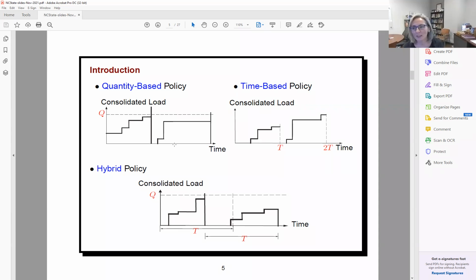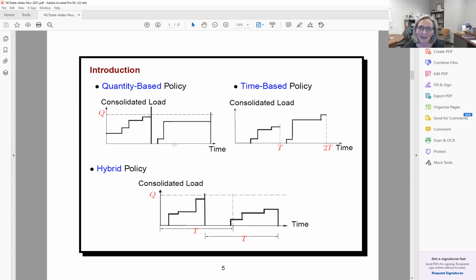Under a time-based policy, you really do not have a quantity threshold, but you have a time threshold. You commit to release a consolidated load every T time units. Demand arrives according to a stochastic process, typically.